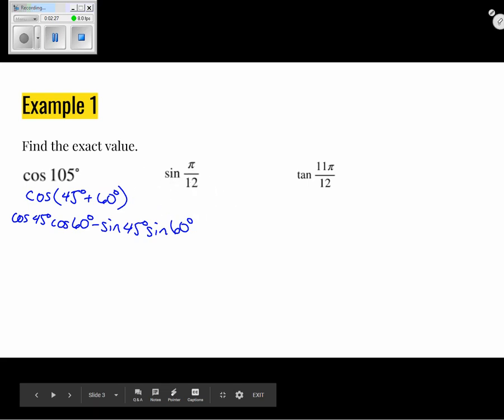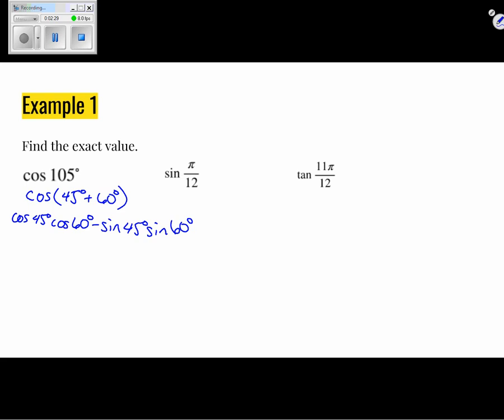And from here, these are just the basic trig functions that we've been having quizzes over. You got to know these values. And so I just go through, pencil in these values. Square root of 2 over 2. Cosine of 60, I do believe is 1/2. Correct me if I'm wrong. Later, after the video, it's going to already be done. It's kind of hard to do.